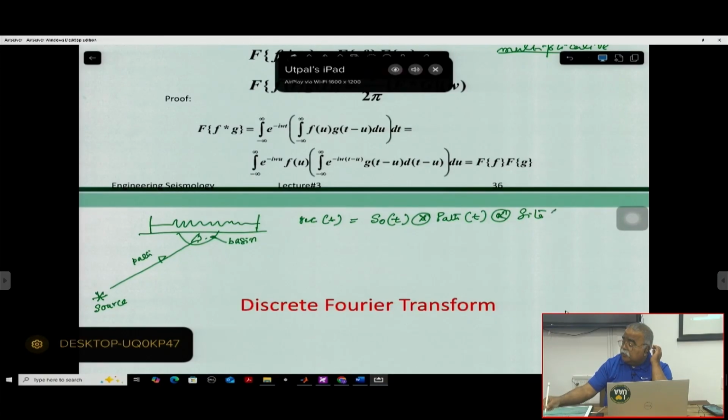We call it this one, right? So in the time domain, they are all convolution things. It is a time domain convolution, path in a time domain form, and source as a time domain. So this is your recorded signal in this case.